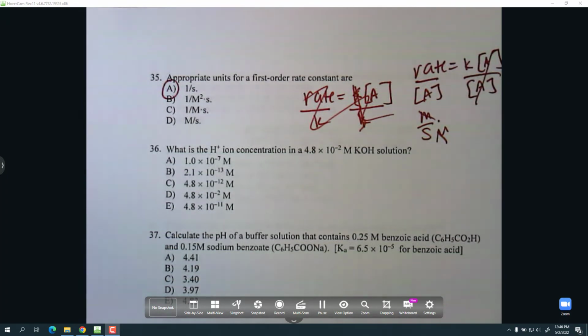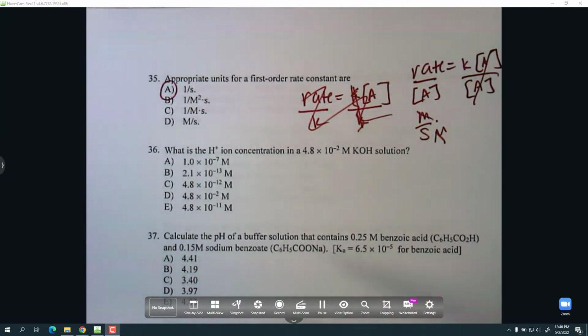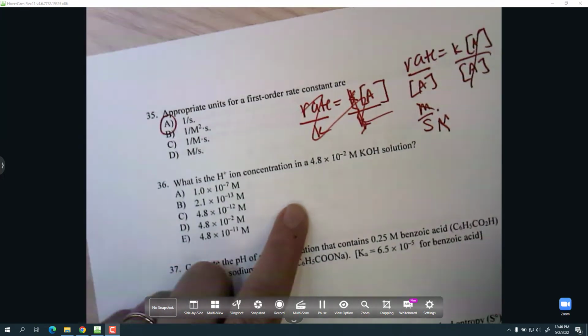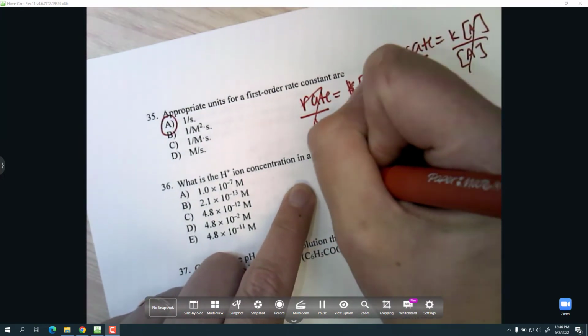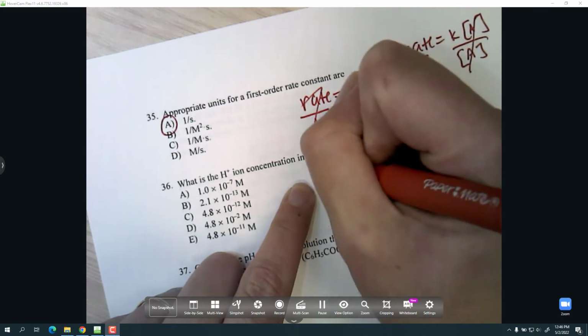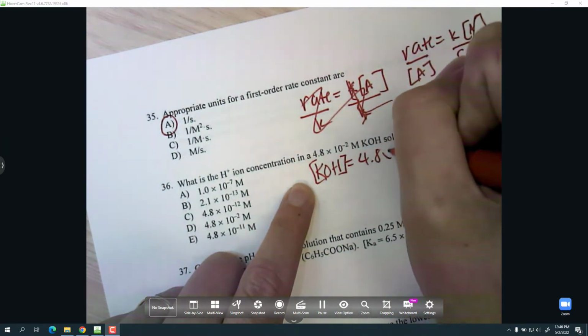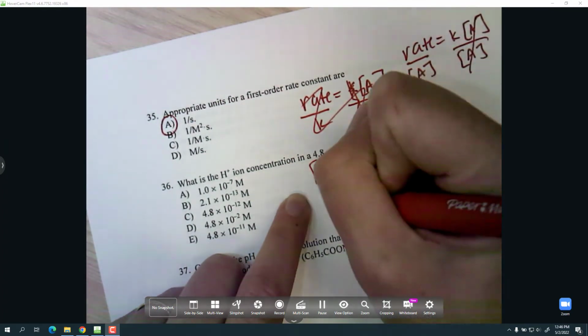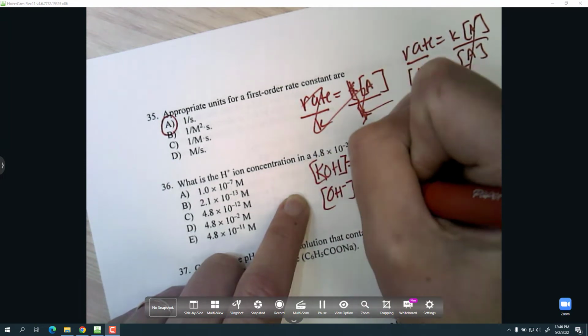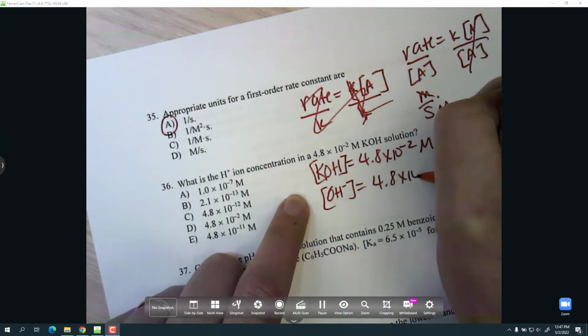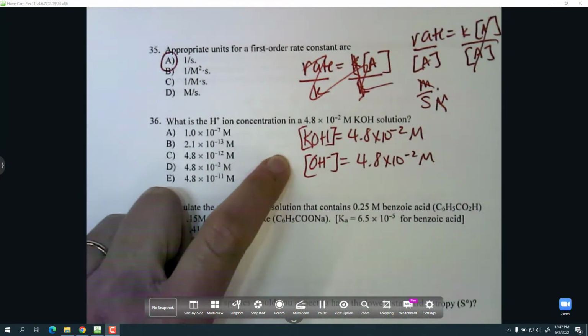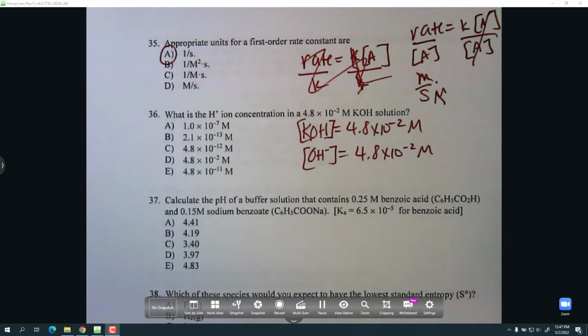All right, what is the hydrogen ion concentration when the KOH is this? Remember that if KOH is this, then OH minus is this as well, because it would separate into 1 potassium and 1 hydroxide.